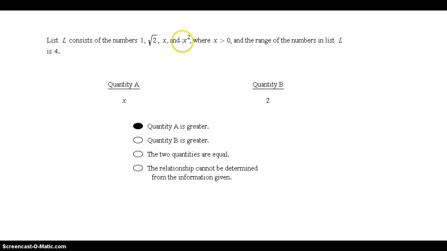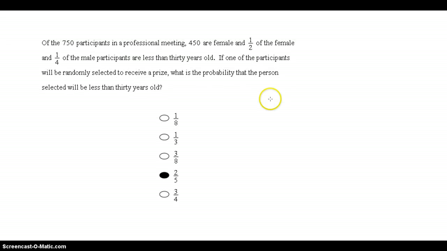Say it was 1/2, and x squared would be 1/4. But in no case like that would we actually have a range of 4, because square root of 2 is only 1.4, so we'd have to be like negative 2.6 to get that range of 4, and that violates the fact that x is greater than 0. So basically we have to have x squared equal to 5, which means x has to be square root of 5, which means it's greater than 2. Sorry, that was probably more confusing than it had to be.